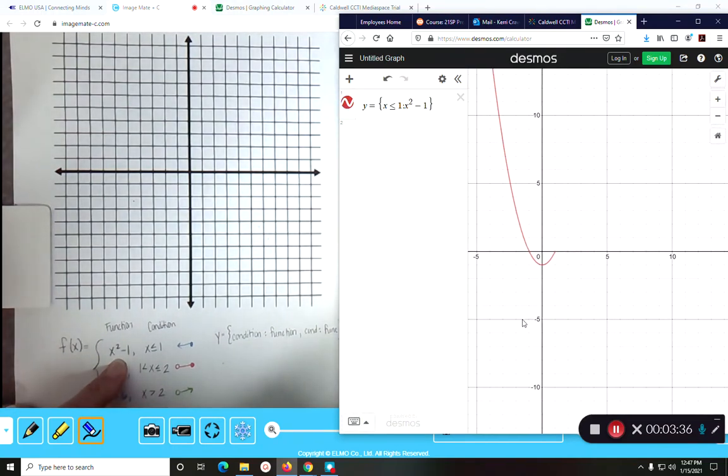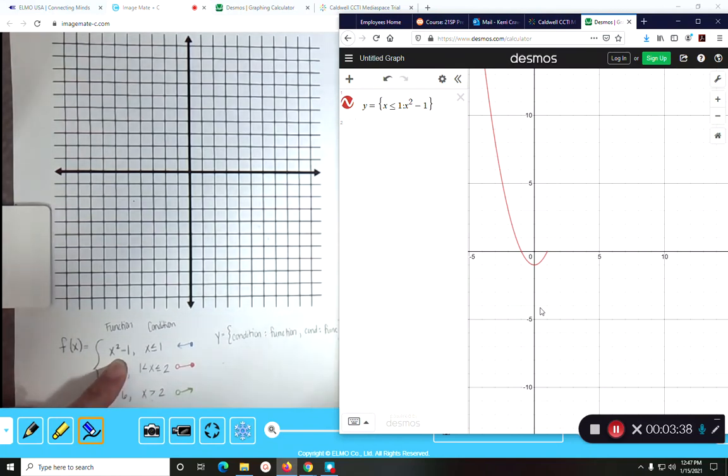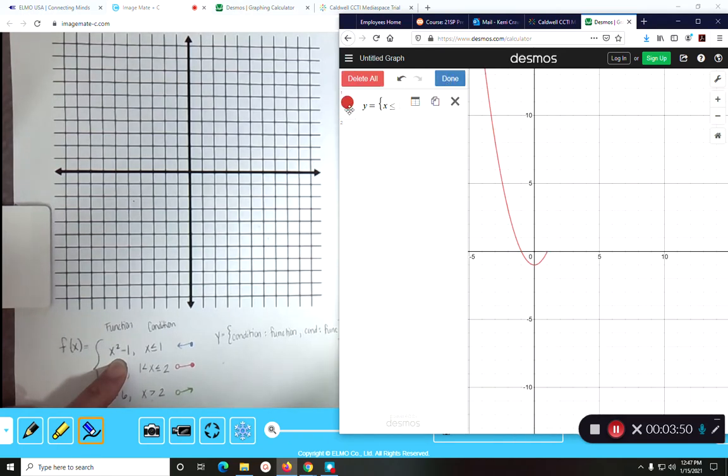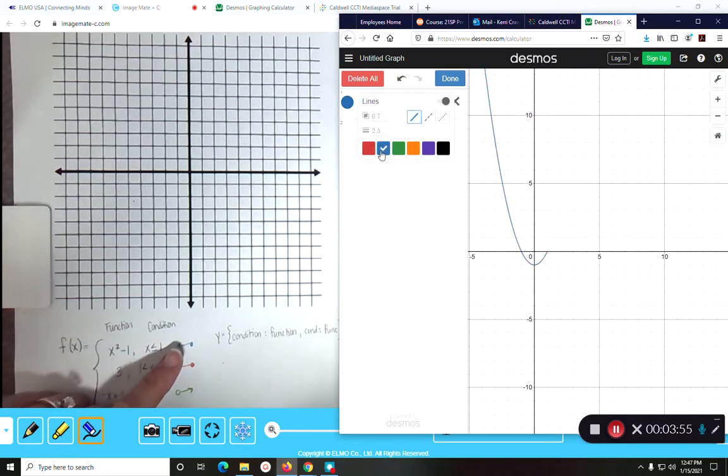So there's the first piece of my graph. I can change the color of my graph somehow. I can't remember right off the top of my head. I think if we hit settings and then we hit color, I'm going to change it to blue since I color coded mine to be blue.